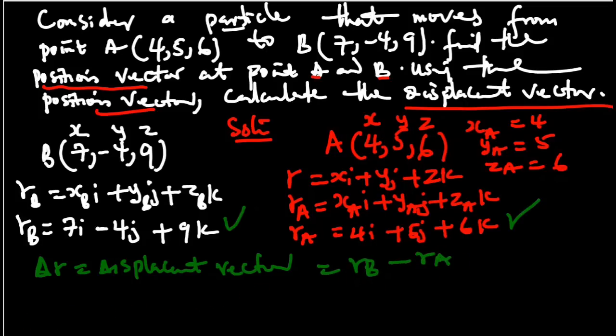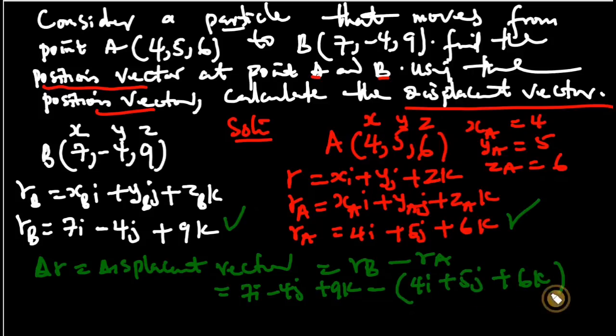So this will be 7i minus 4j plus 9k, minus 4i plus 5j plus 6k. If we clear the bracket, minus going into this is minus 4i, minus 5j, minus 6k.